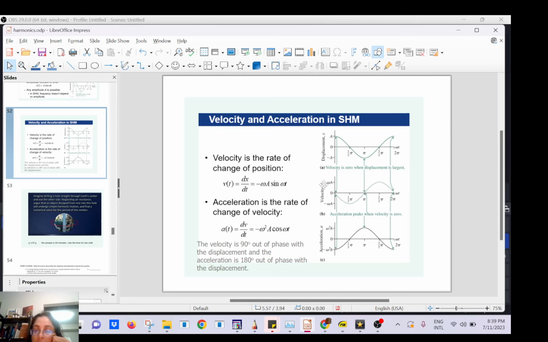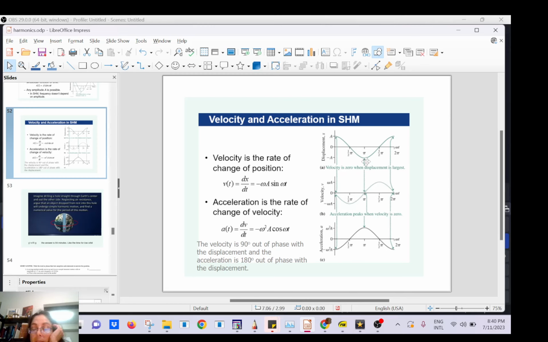I don't know if I said it right before, but if you compare the displacement and the velocity, they are 90 degrees out of phase, meaning when the displacement is at its peak, the velocity equals 0. This is because the slope there is flat, so the slope equals 0. At this point, the slope is negative, but it's also maximum, so you have a minimum of velocity.